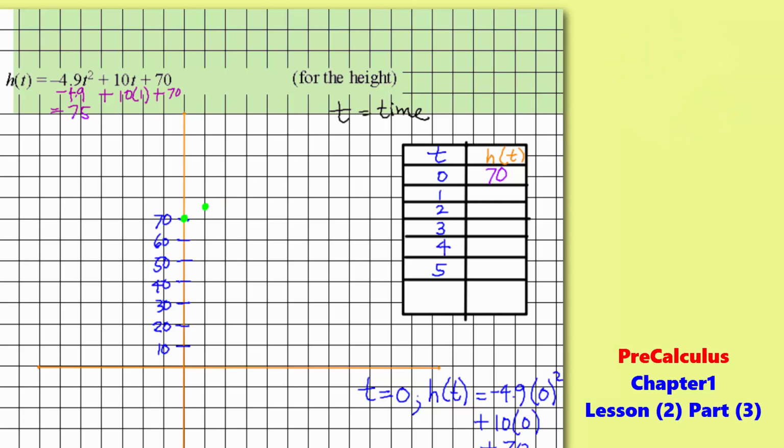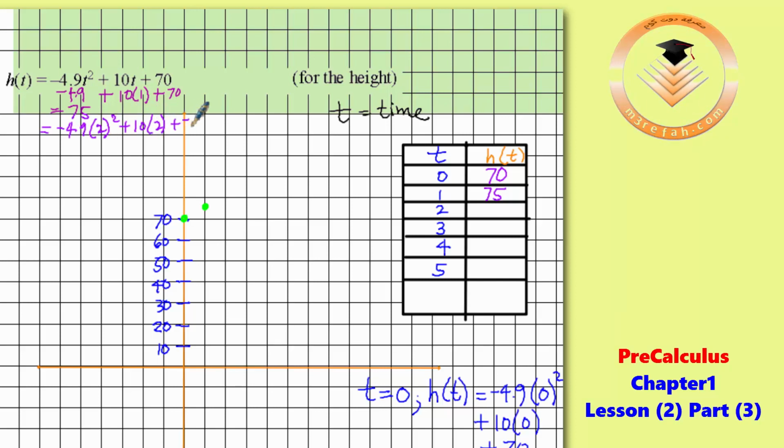Okay, at t equal to 2 seconds, this would be at approximately 75. If t is equal to 2, that would be negative 4.9 times 2 squared plus 10 times 2 plus 70.